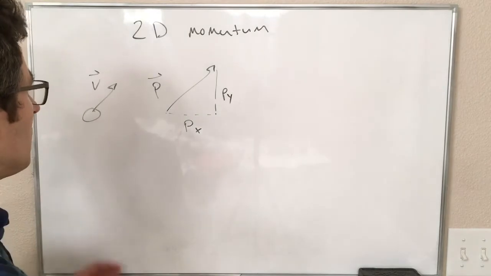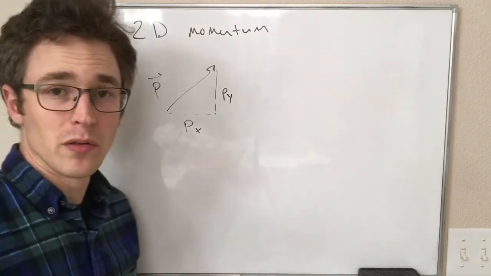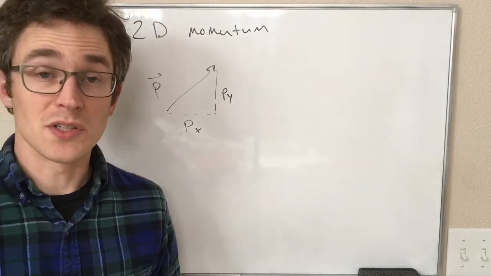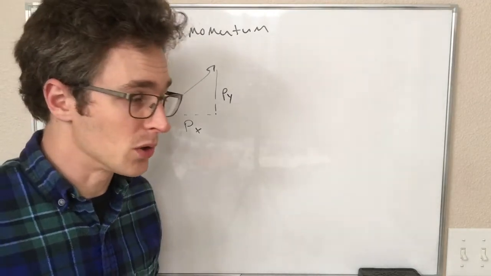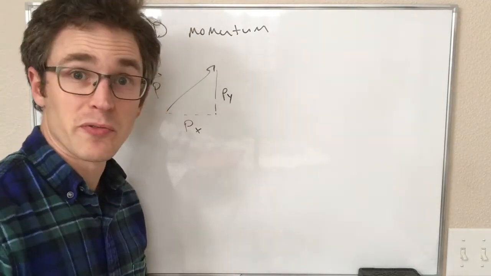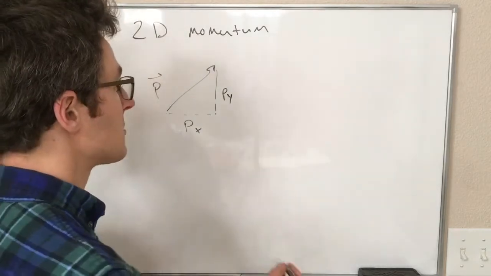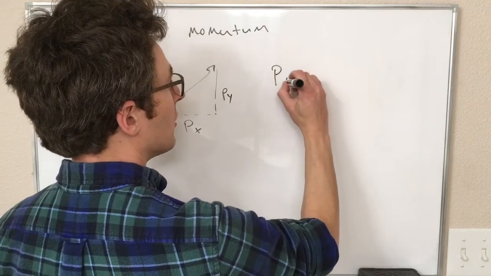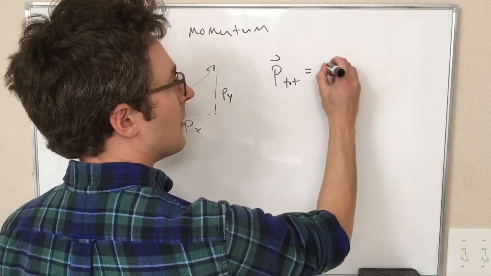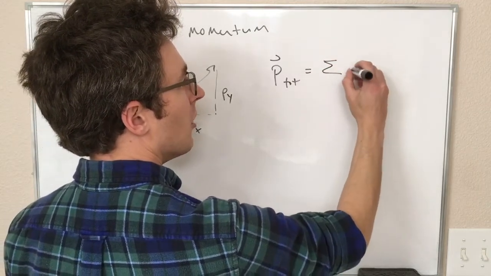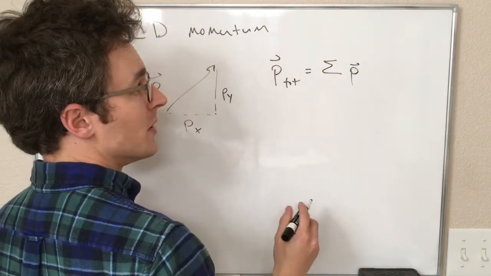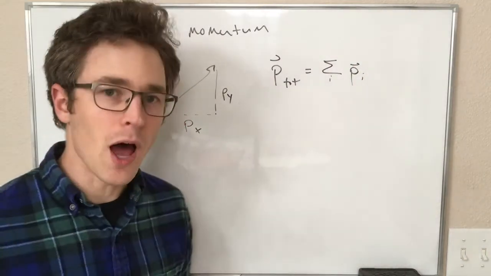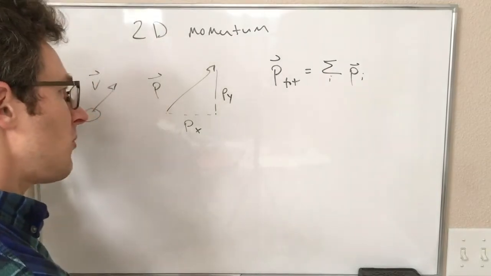Now, if we have multiple objects with their own momentum vectors, we still want to be able to combine their momentums into the total momentum of the system if there is more than one object. So in other words, our total momentum vector is equal to the sum of all the individual momentum vectors of all of the i objects in our system.